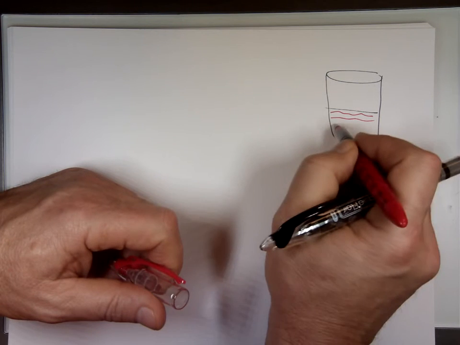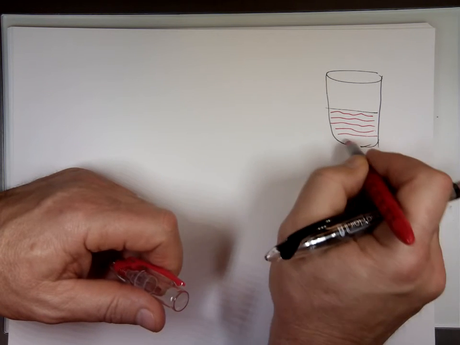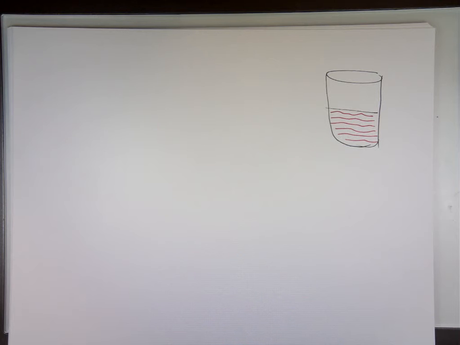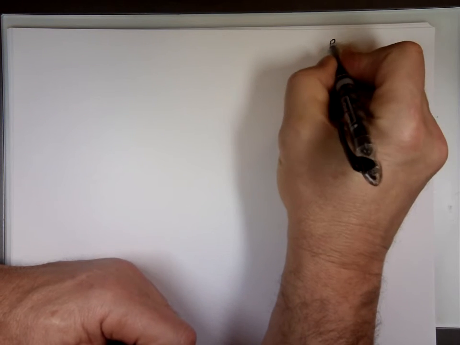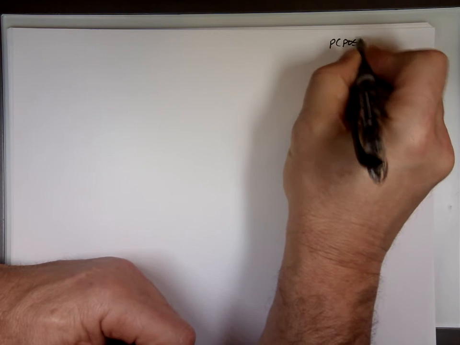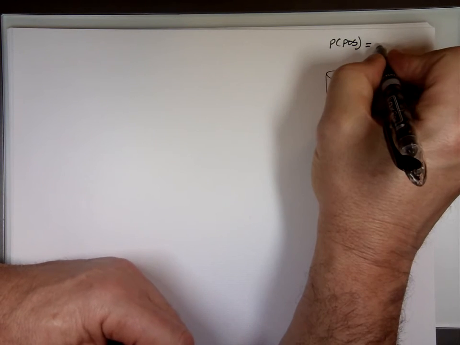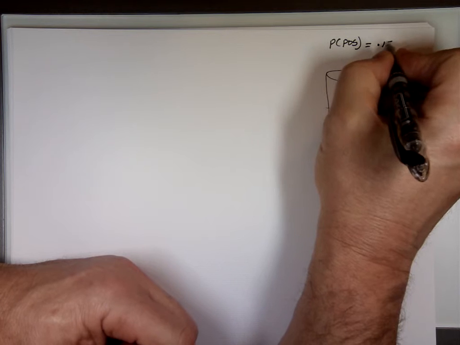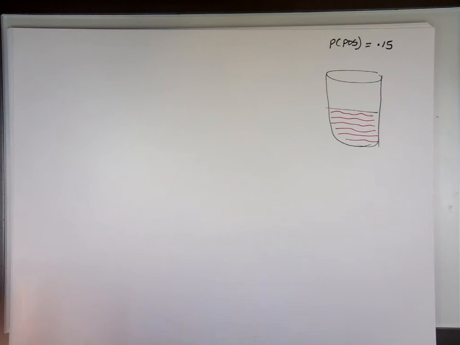We know the HIV virus is higher in Africa than here. So let's say the chance a person tests positive in Africa is, I don't know, 0.15, 15% positive for HIV.